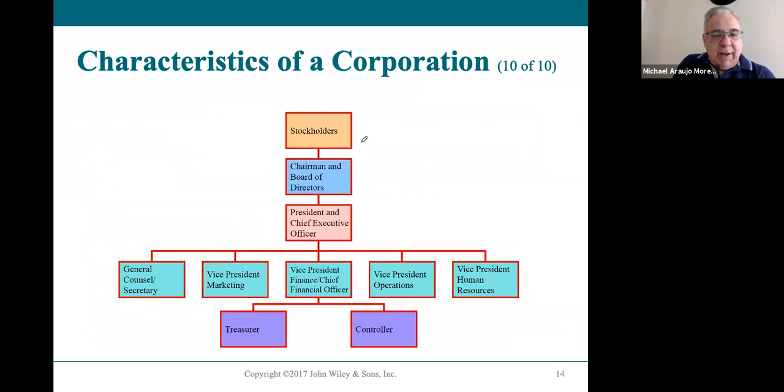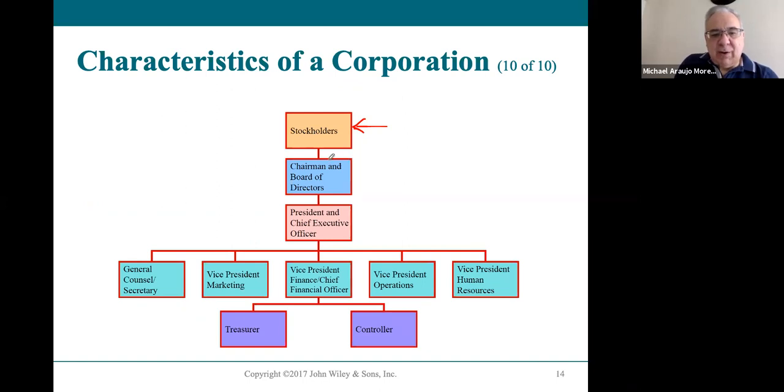Okay. Another thing that's interesting is the structure of a corporation. You would think that the stockholders, being the owners of a corporation, have the most power in all of this. It's different. It's very, very different. First of all, stockholders are owners; they're not managers. So, who takes care of the stockholders?